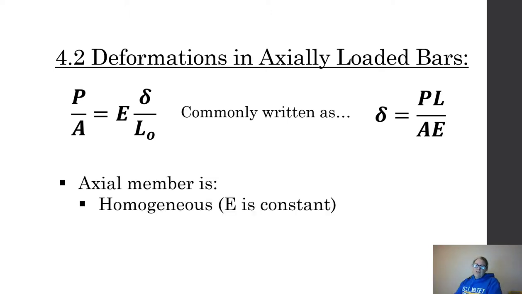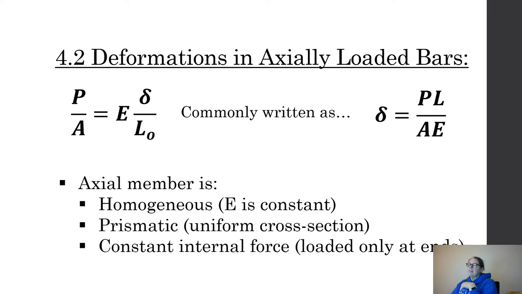For this equation, because we're not integrating, okay, we're not looking at a different sized area that's changing or a different material or an axial load that's changing, E is just constant. You know, it's a steel bar. It's got a uniform cross section. It's not variable. It's not like an ice cream cone, maybe, where it's like a larger area and then it comes down to a smaller area.